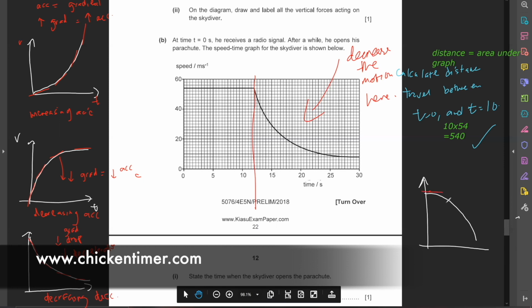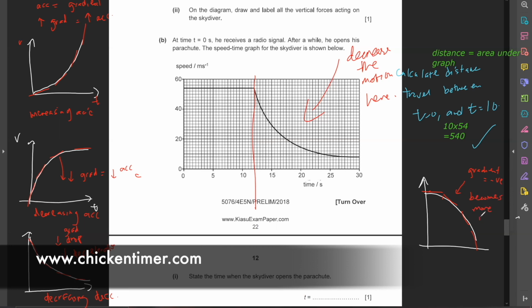Then this one is like this. So the gradient is negative, but it becomes more and more negative. So this one will be increasing deceleration.